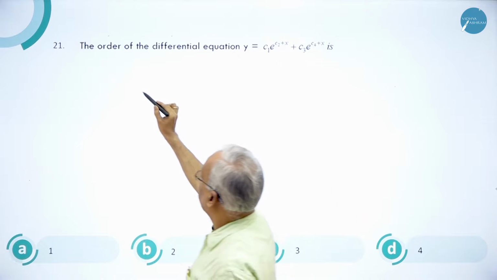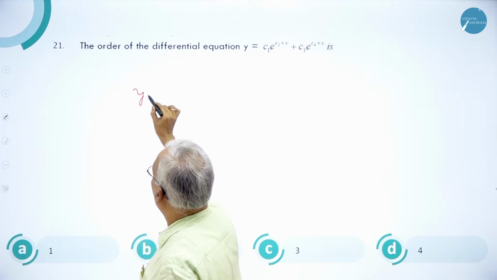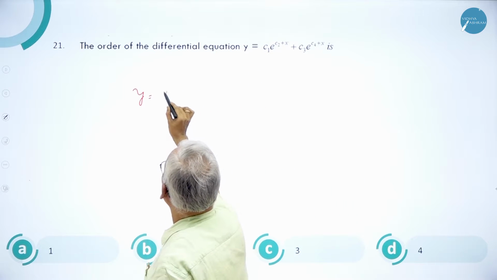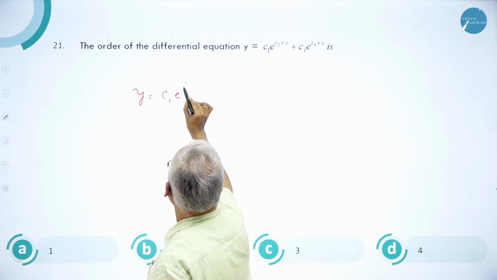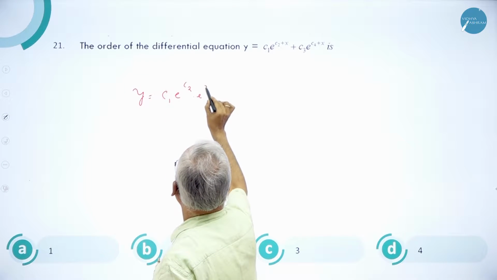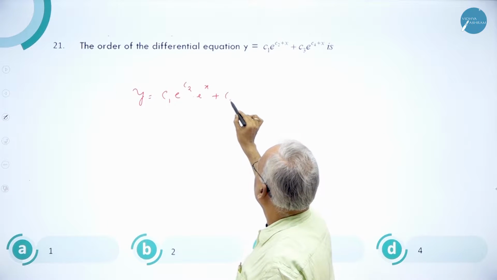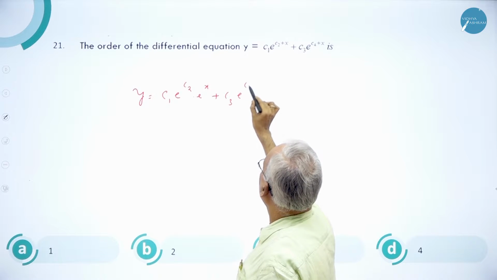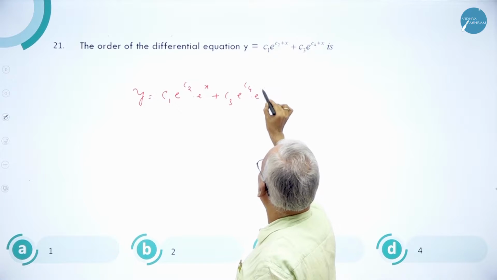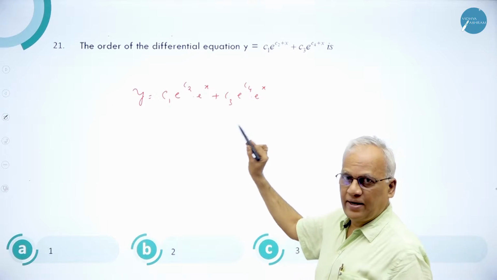See, I write equation in this form. Y equal to c1 into e power c2 into e to the power of x using law of indices plus c3 into e power c4 into e to the power of x. Correct?